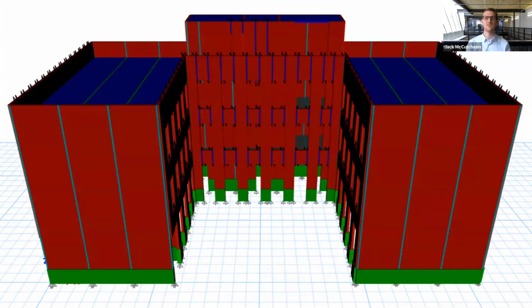So this is a shot taken of our analysis model showing how each of those wall panels needs to be modeled, each of the joints, all of the plate strapping. And it's a bit more detailed than what we would typically do, say, if this were a light stud framed building.